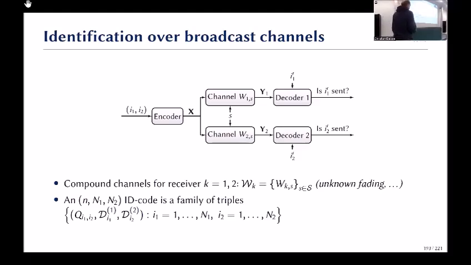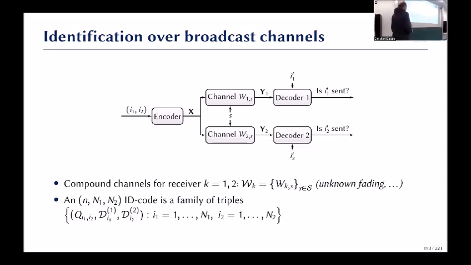Here I already put the more general model, the compound channel. So here again, like before, we have the situation that we don't know which kind of channels are going to decoder 2 and decoder 1. So one channel is selected from a set of channels.